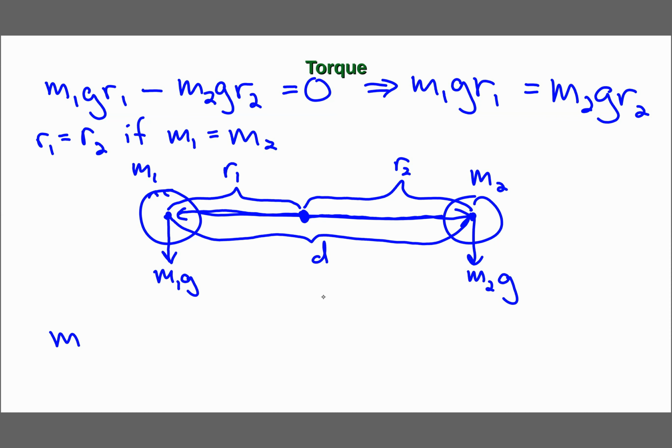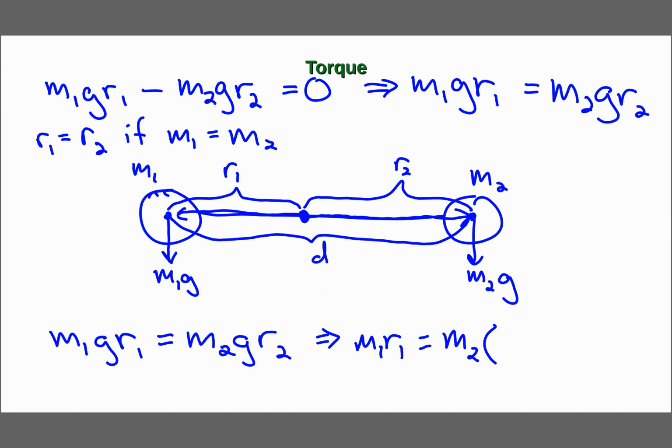So I want m1 g r1 to equal m2 g r2, okay, we see that the g's can cancel, so we can stop writing the g's. And we can replace r2. Okay, so m1 r1 equals m2 r2, and if we look at this picture, you see that r2 is d minus r1. Okay, so d minus r1.